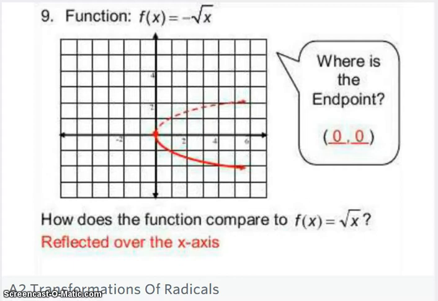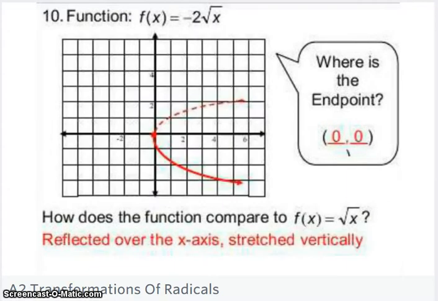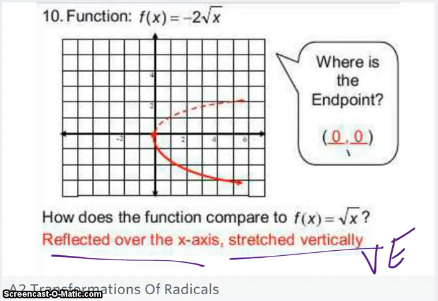If we have negative square root of x, endpoint stays at the origin, 0, 0, but we had a flip, or you would say it reflected over the x-axis. If we have negative 2 times the square root of x, origin is still the endpoint, 0, 0. But we had 2 changes. We did a flip or reflect over the x-axis, and we stretched vertically, otherwise known as vertical expansion.